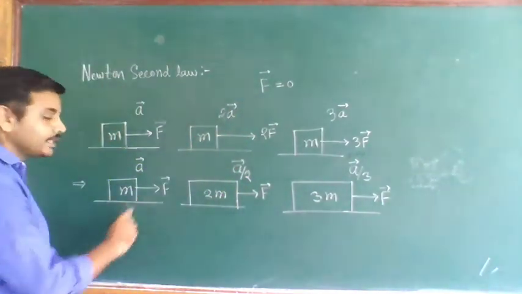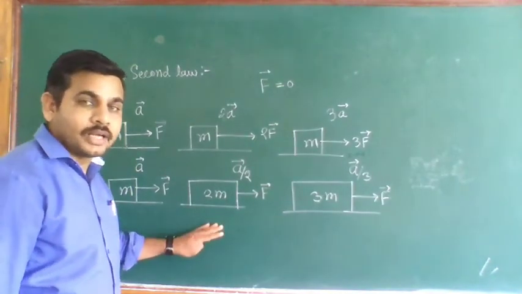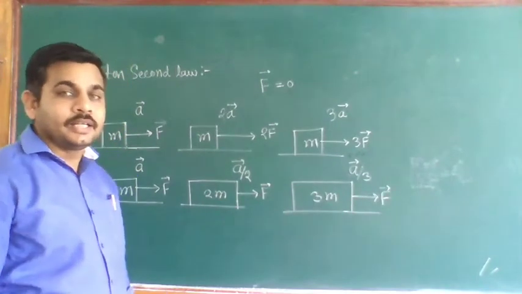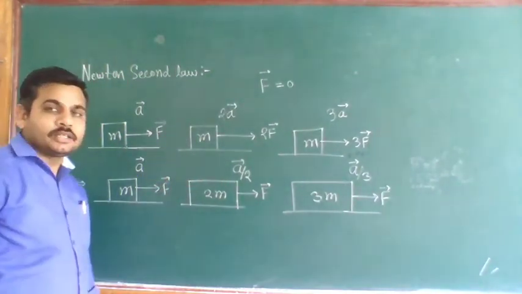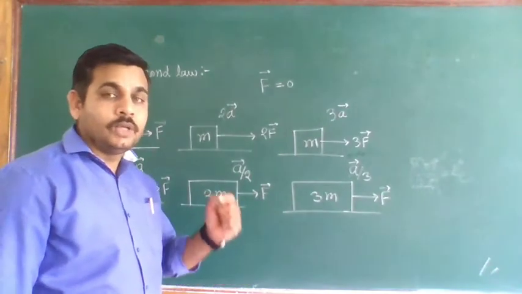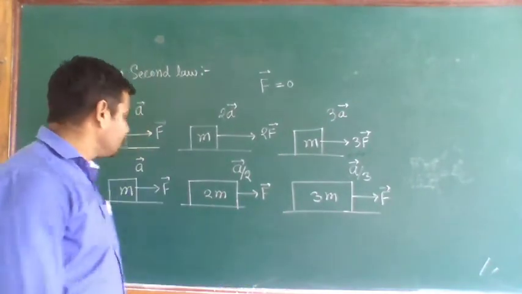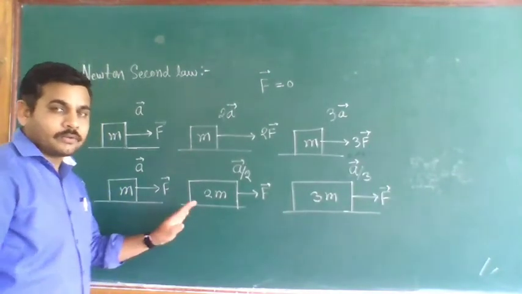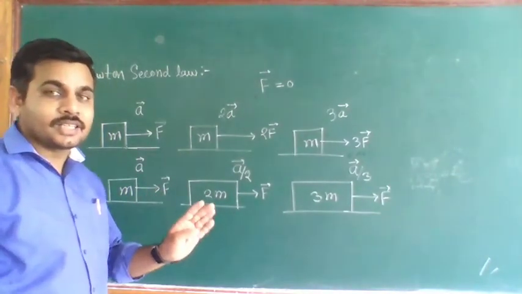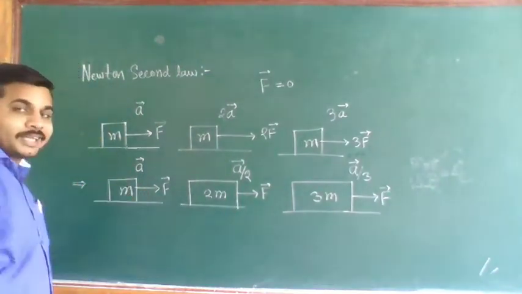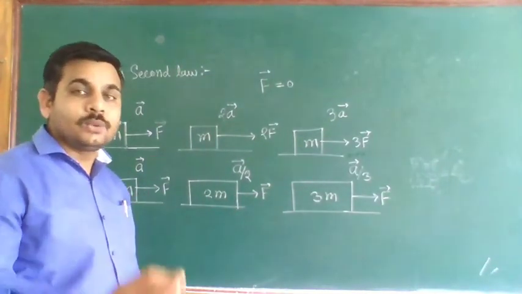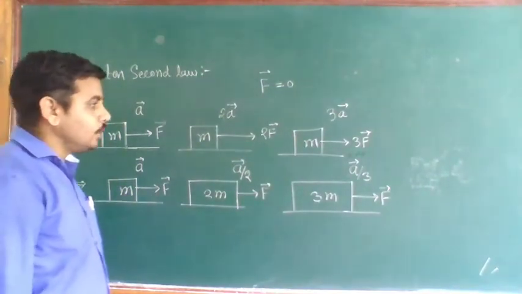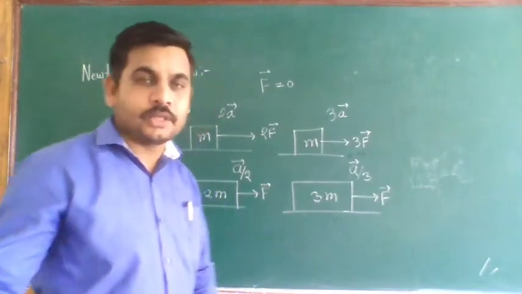And in your second case, from all the observations we can conclude that the acceleration of that body is inversely proportional to the mass of that body. What I say? The acceleration of that body, which is A, is inversely proportional to the mass of that body, which is m.